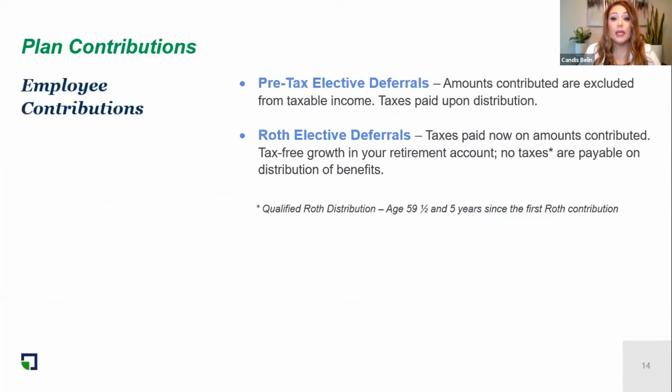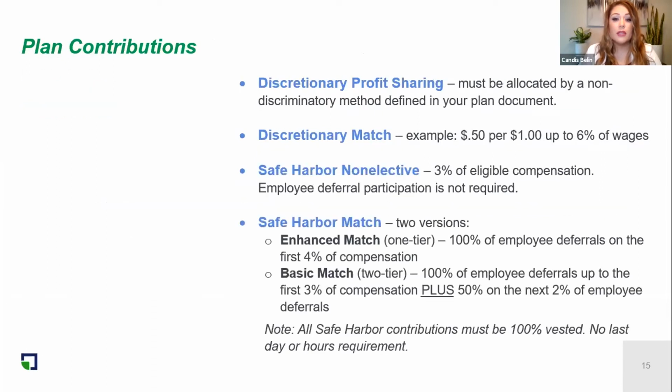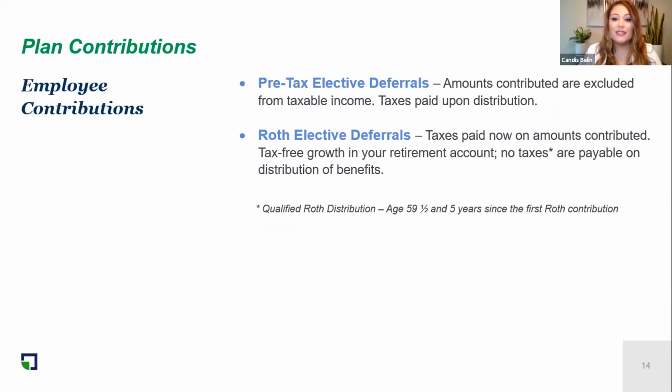So getting into plan contributions, there are 2 types of employee contributions. The first is pre-tax deferrals. So those are taxable upon distribution because you're not paying taxes now. Roth, you do pay taxes now on those deferrals, the salary, and the Roth deferral is deducted after those taxes are paid.